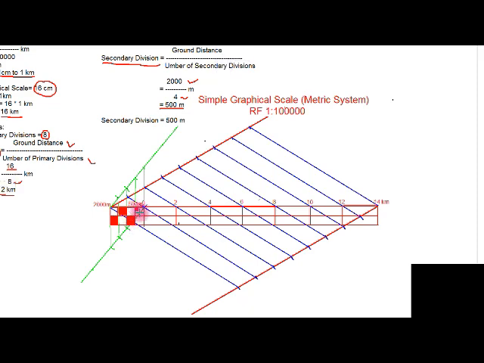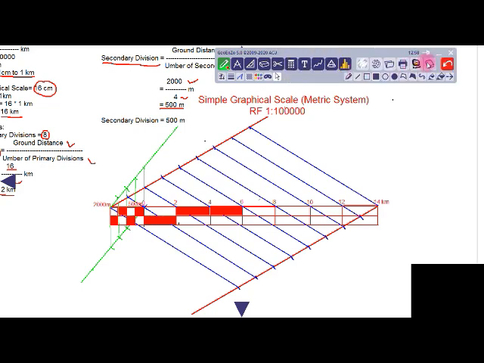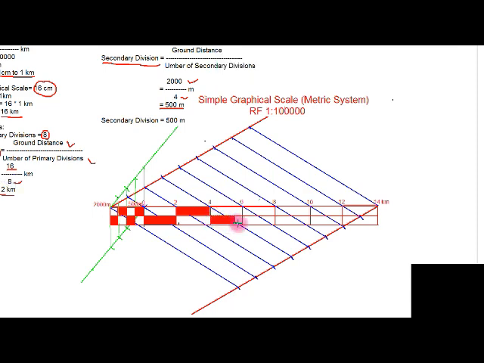Likewise, you can darken the opposite squares or divisions, which will increase the beauty of this graphical scale, just to identify the divisions and their boundaries very sharply. So it should be alternate, it should not be in a monotonous way.